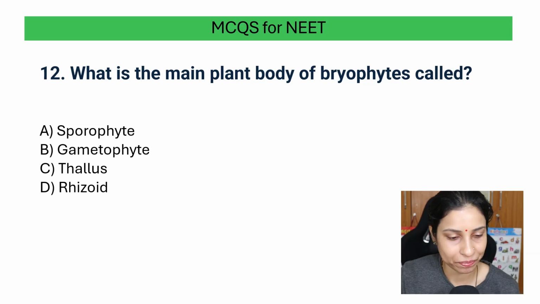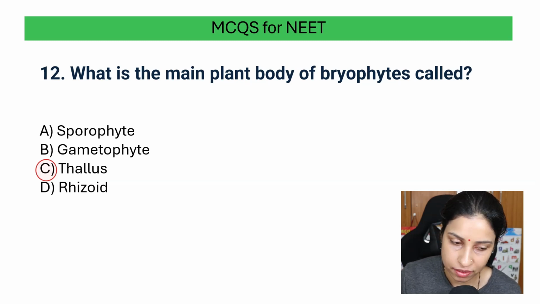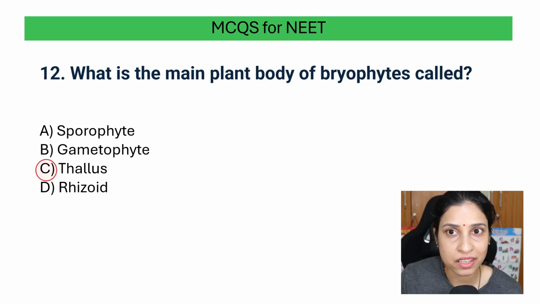Okay. The next question. What is the main plant body of bryophytes called? Sporophyte, gametophyte, thallus, rhizoid. Main plant body, not a phase, not a stage. The option is thallus. The main plant body is called a thallus. They are not asking about the main phase or main stage of the bryophyte.